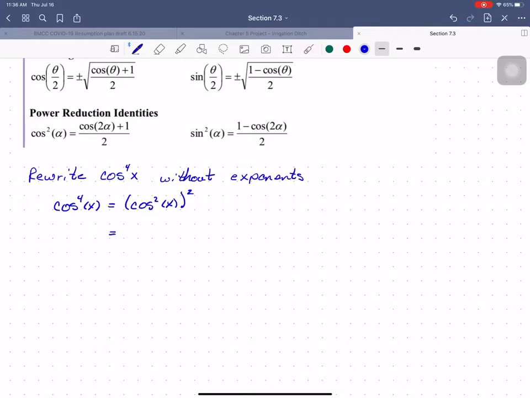So cosine squared, I can see, is cosine of 2x plus 1 over 2, and that's all squared. I'm going to pull that 1/2 squared out in front so that I have 1/4 times cosine 2x, not yet squared, plus 1, squared.